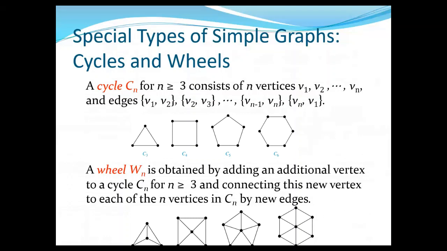and it forms a certain shape. We only have two connections for each vertex. For example, this is vertex 1, it is connected to vertex 2 and vertex 3. And vertex 2 is connected to vertex 1 and vertex 3.